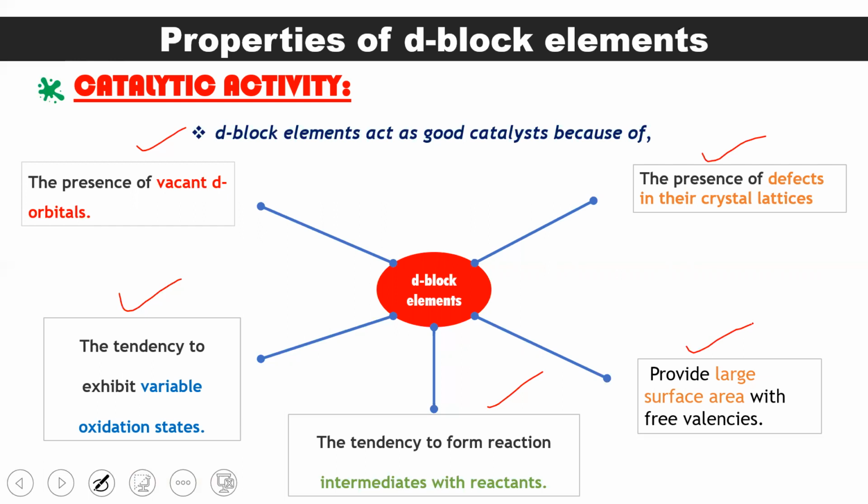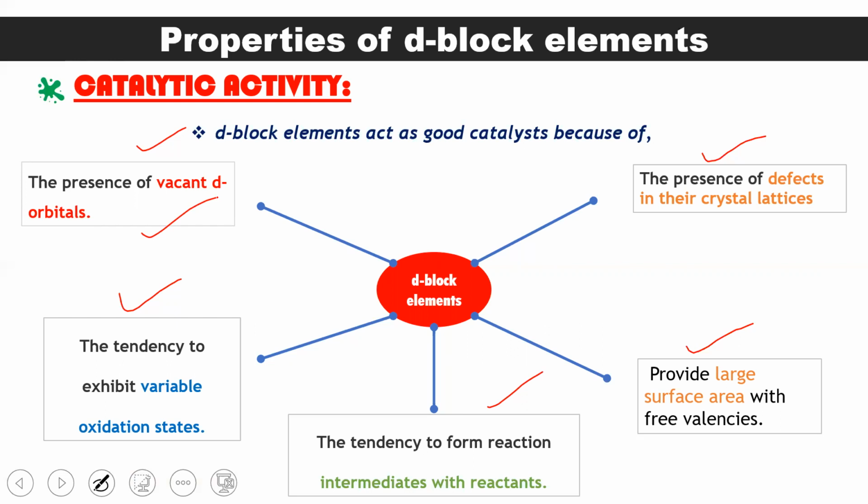So due to these properties that the d block elements have, most of the d block elements will act as a catalyst. So what are they? Due to the presence of vacant d orbitals, that is partially filled or available empty d orbitals, they will show variable oxidation states, more than one oxidation state, and they can form intermediate compounds with their reactants.